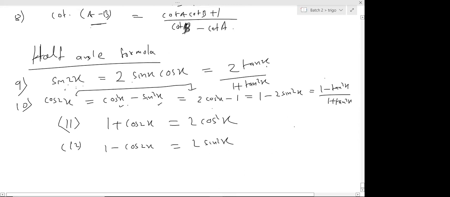All right, in here also the angle can be anything. If 1 plus cos x, then you can write 2 cos square x by 2. You just half the angle. Compare this with this. Everything is same, the angle is x here. So you half the angle, 2 cos square x by 2. All right, like this. That is why this is half angle formula.